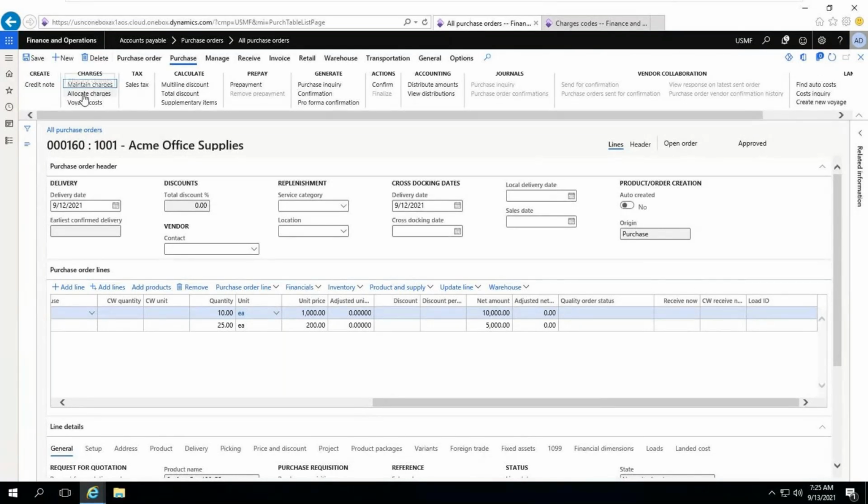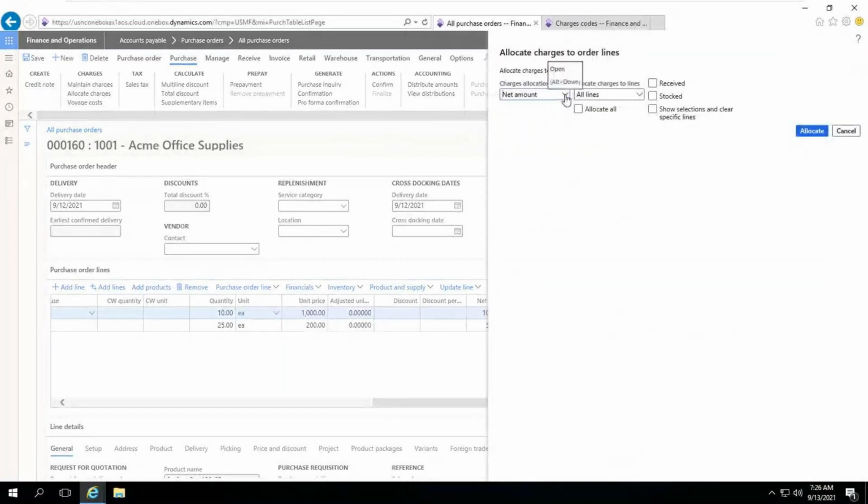Now for allocation, I will use a different method. One is based on lines. Earlier we mapped net amount; now we are mapping per line.